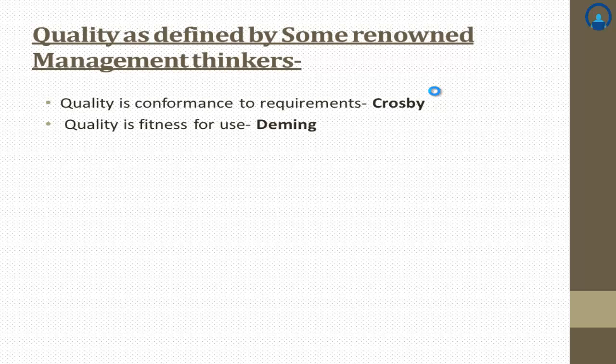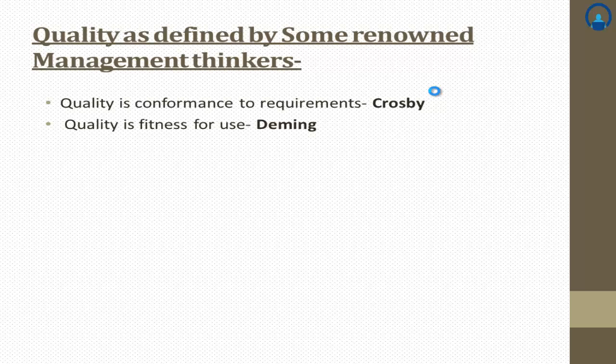Best definition for me, what I keep following, is what Deming says. Quality is fitness for use. Fitness for use of what the user or the buyer has paid money for. So if a phone is fit for use, it is termed a good quality phone only when it serves the purpose of calling and receiving calls.